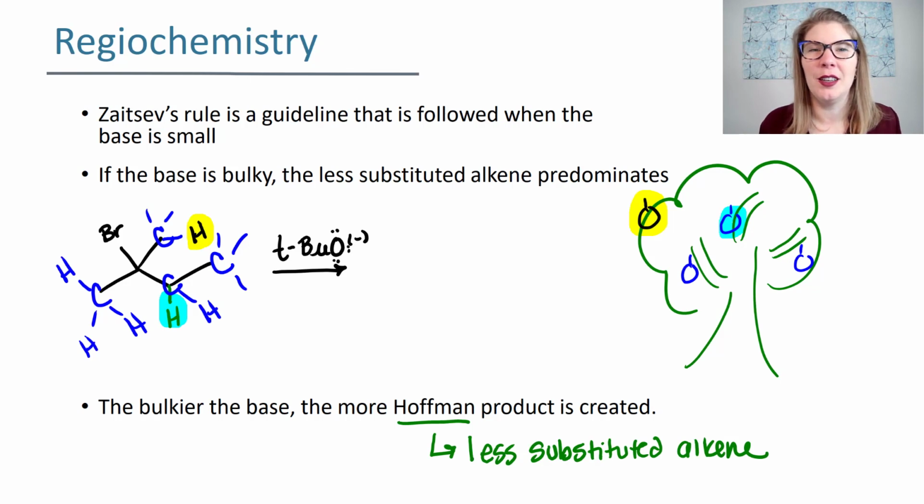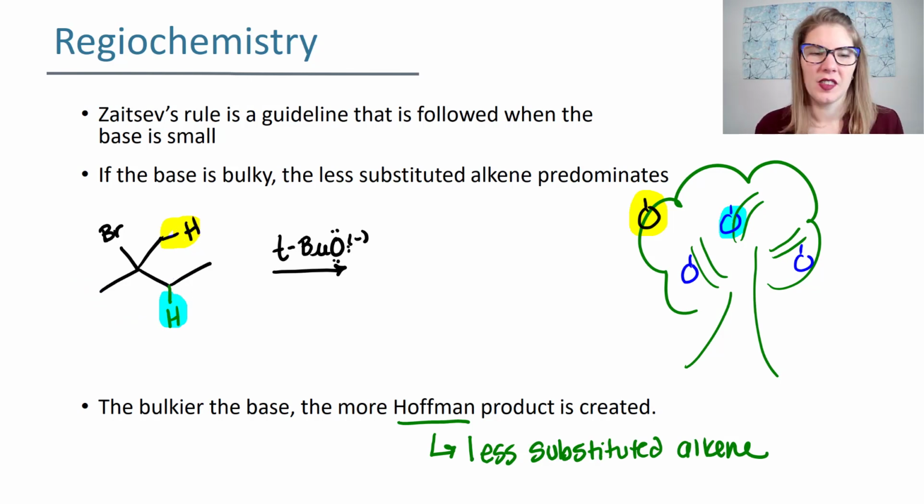And that's what's going to happen. If you have a bulky base, it's going to remove those easier to pull off protons, the ones on beta carbons that are external to the molecule and don't have branches on them, right? So you're looking at beta carbons that are methyls.